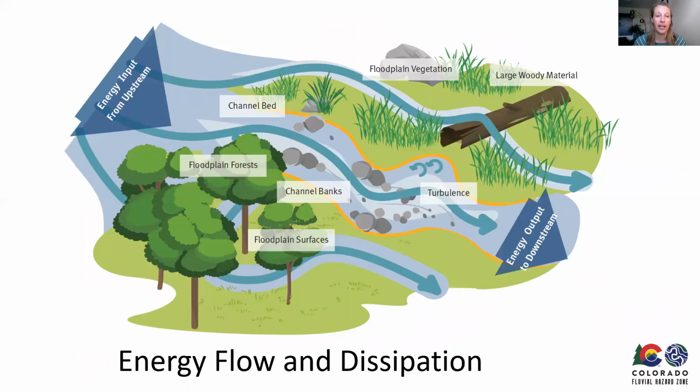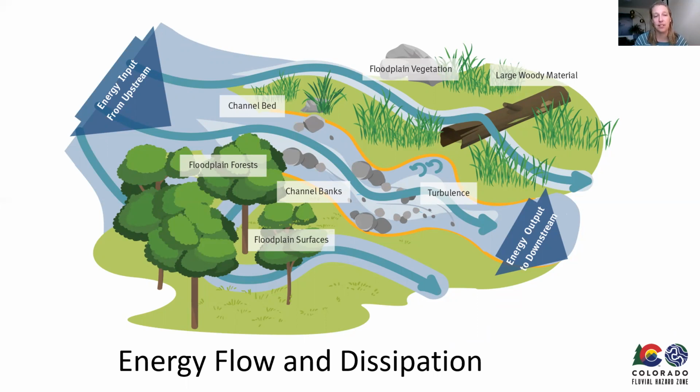Similarly, I also look at energy dissipation and flow storage within the system, within the reach, and within the floodplain in the same way. You can think about floods as basically balls of energy. There's this ball of energy in the water and in the debris that's coming down. When it hits your reach of interest, is that energy going to be dissipated, or is it going to be transferred?